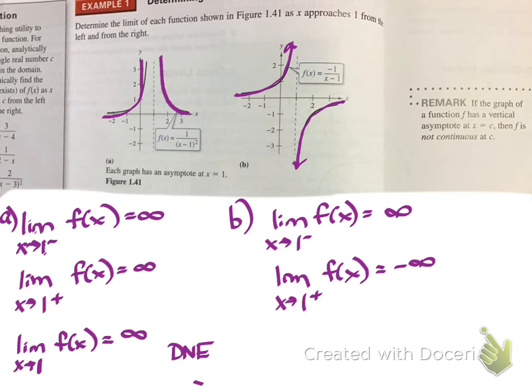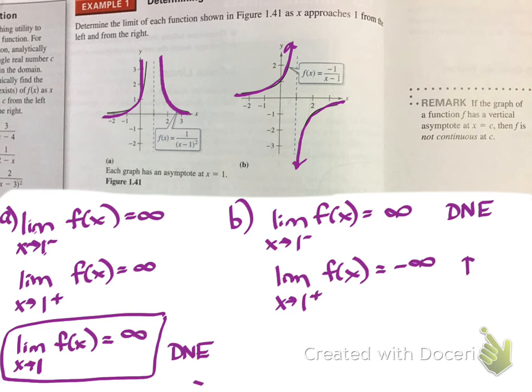These two one-sided limits do not agree with each other, so we can't write this final step as the limit as x approaches 1. All we can do is talk about the one-sided limits. And keep in mind, I don't want to say it 2,000 times, but these don't exist. Saying that they equal infinity just tells how they fail to exist.